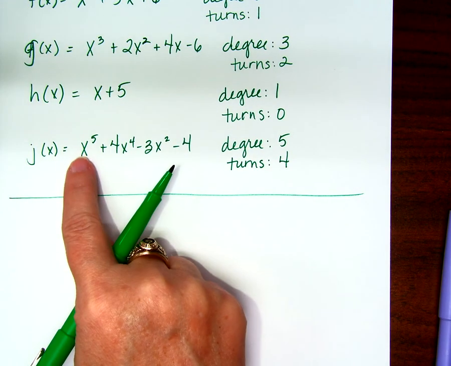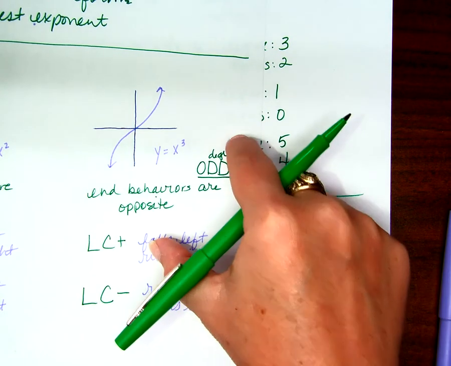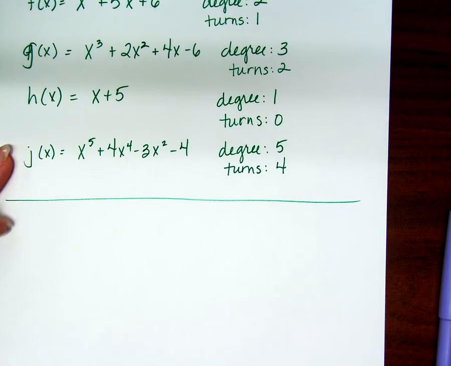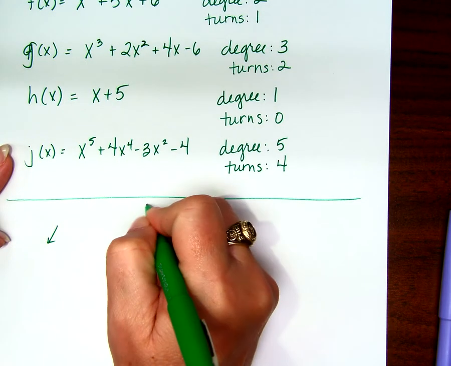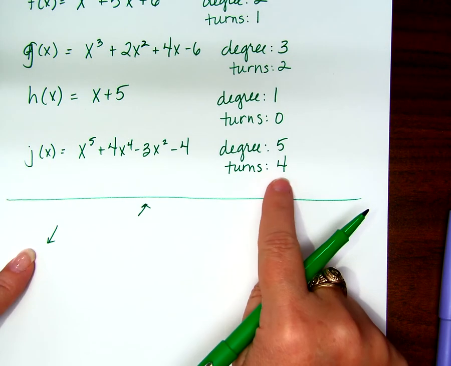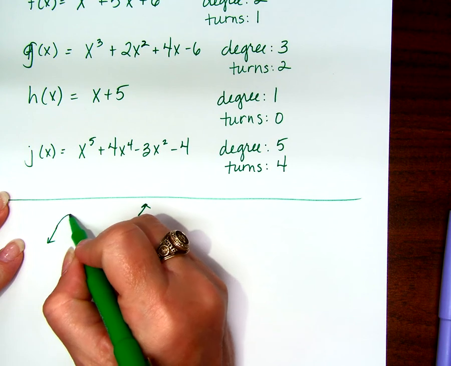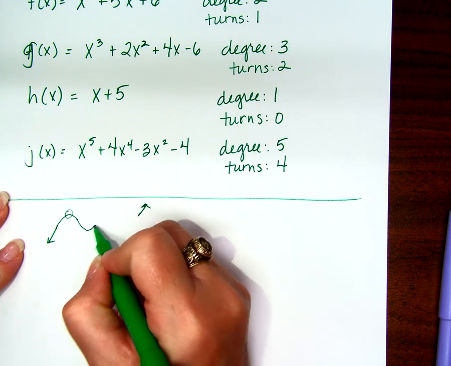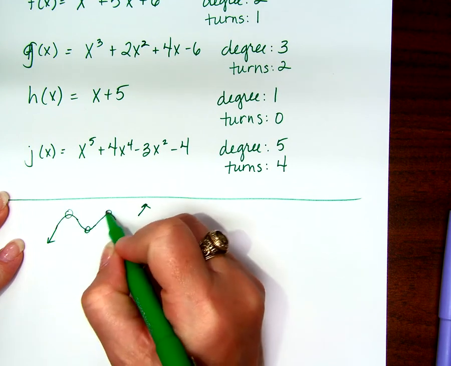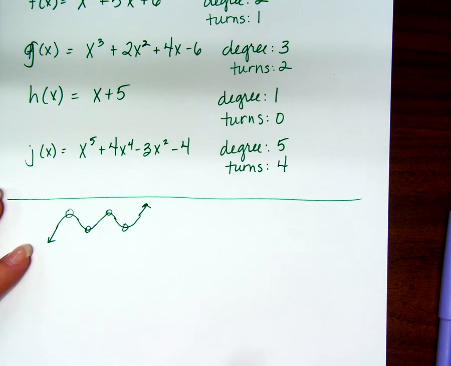And my leading coefficient is positive, so it's going to fall to the left and rise to the right. Is that correct? Yes. Okay. We're guessing that there's 4 turns. 1, 2, 3, 4. Does that make sense?